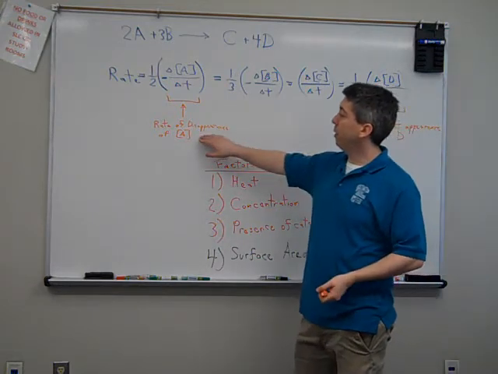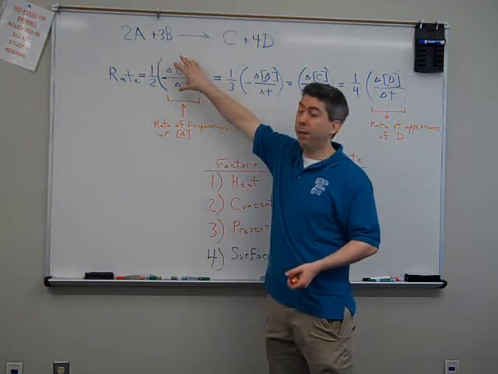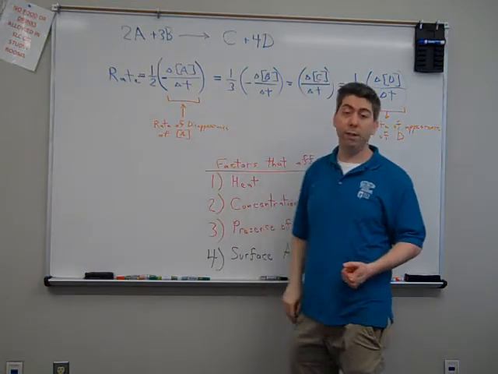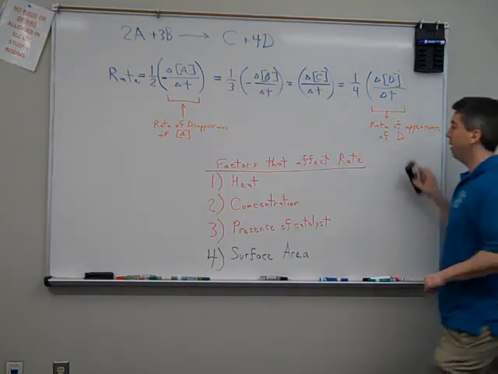If you have a rate of disappearance of a particular substance, it's represented by this thing here. It does not include the fraction of the coefficient. So those are just a couple things to keep in mind.